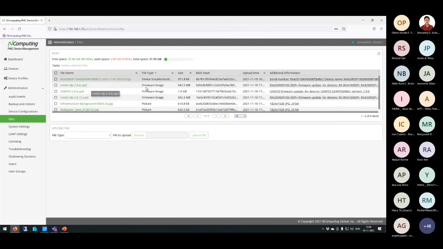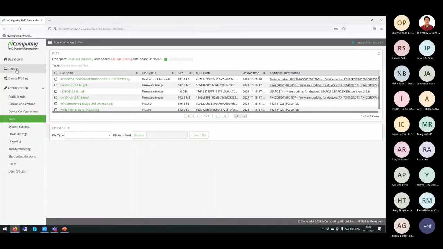Like wallpaper, if you want a customized wallpaper for each device desktop, you can set it up here. Once you upload those files, as a PMC administrator, you can push the firmware from the PMC to all the devices.